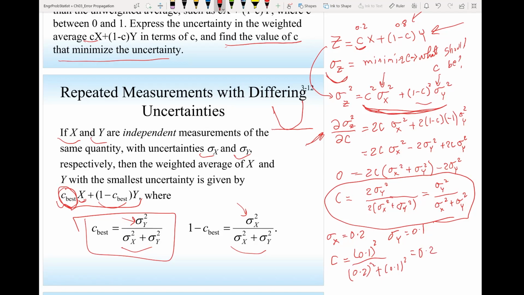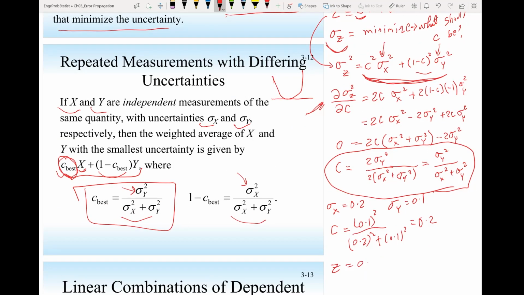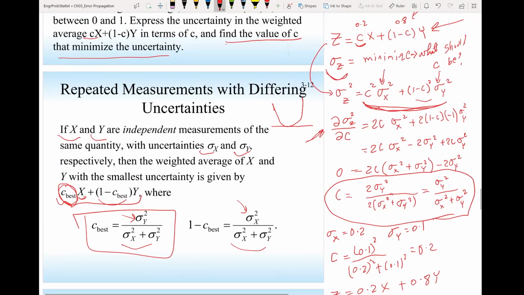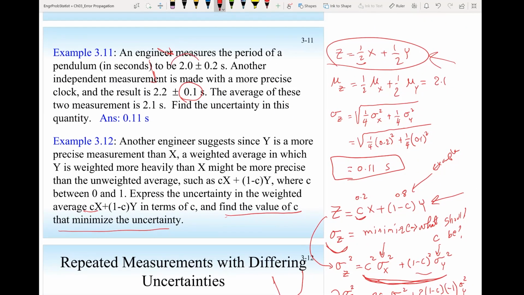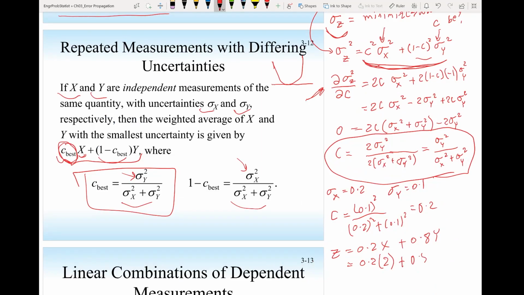So the best average is 0.2x plus 0.8y. And in this case, 0.2 times x is 2 plus 0.8 times y is 2.2, so the average will be 2.64.